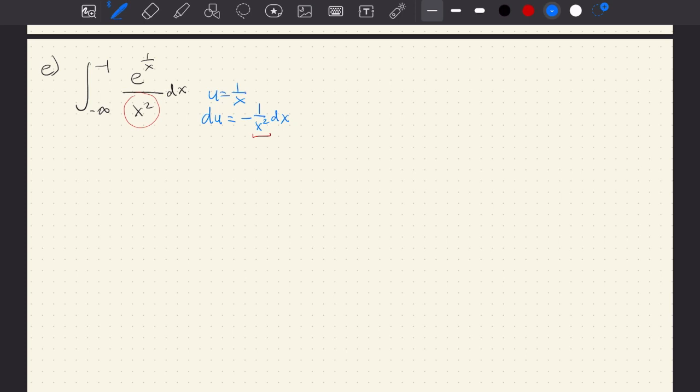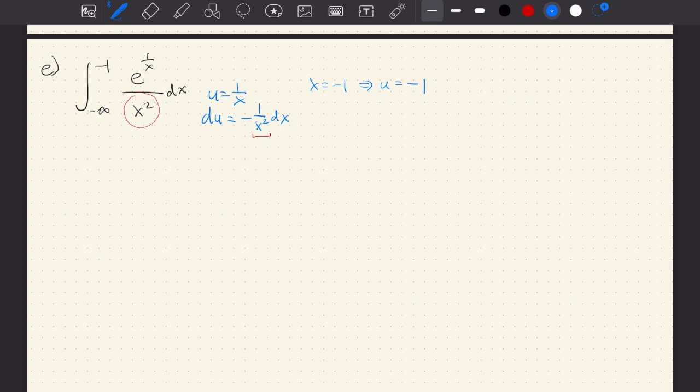And don't forget that here we're doing an improper integral, a definite integral. So here we have to know that when x is -1 or x goes to negative infinity, what does u go to, okay? If x is equal to -1, then u is equal to 1/-1, because u is equal to 1/x, right?